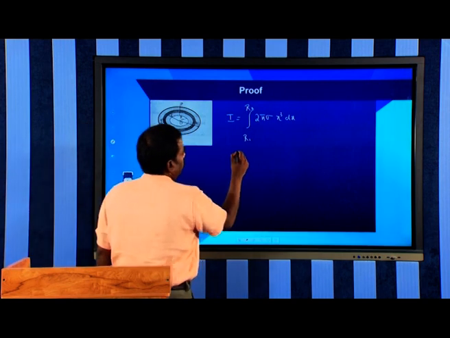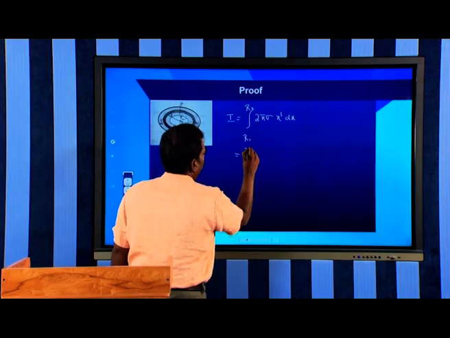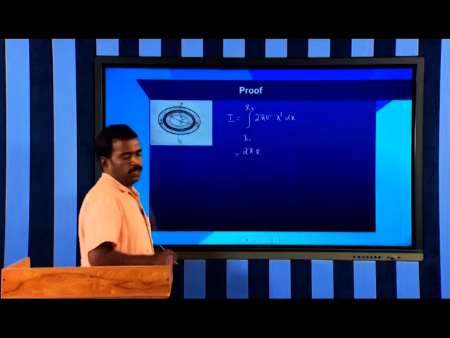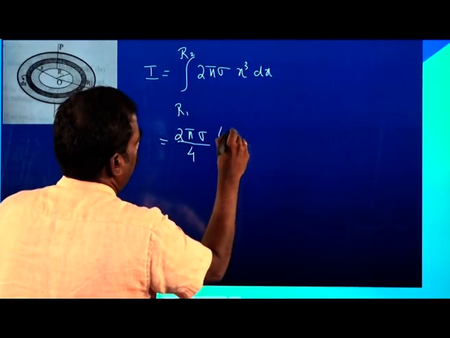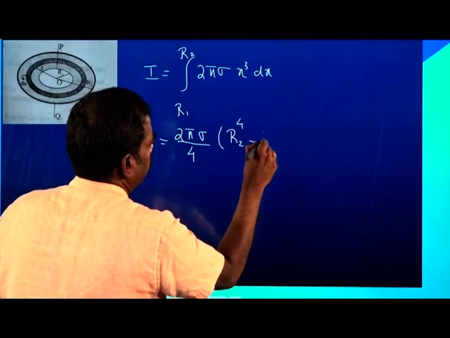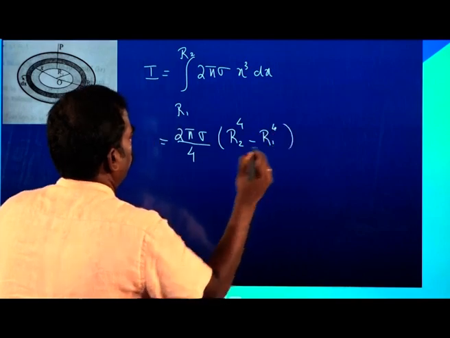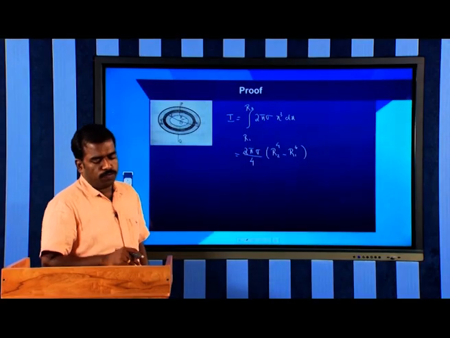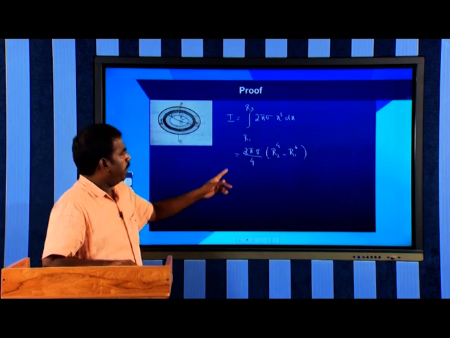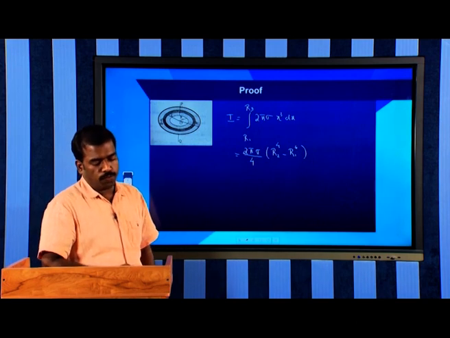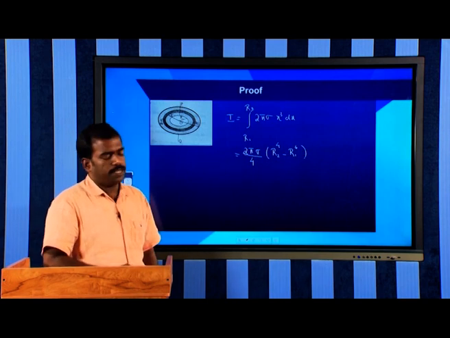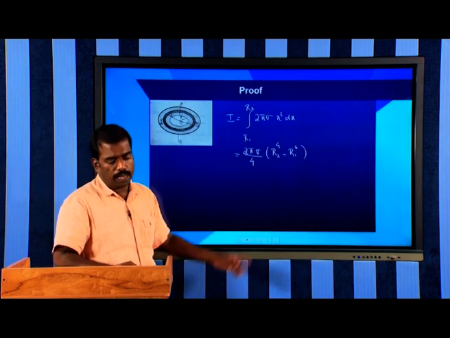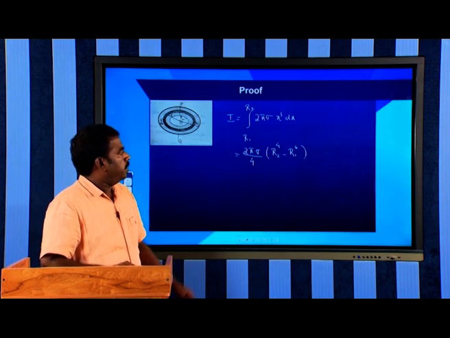So you will get I equal to 2 pi sigma by 4 into (r2 raised to 4 minus r1 raised to 4). The 2 cancels, giving pi sigma into (r2 raised to 4 minus r1 raised to 4).